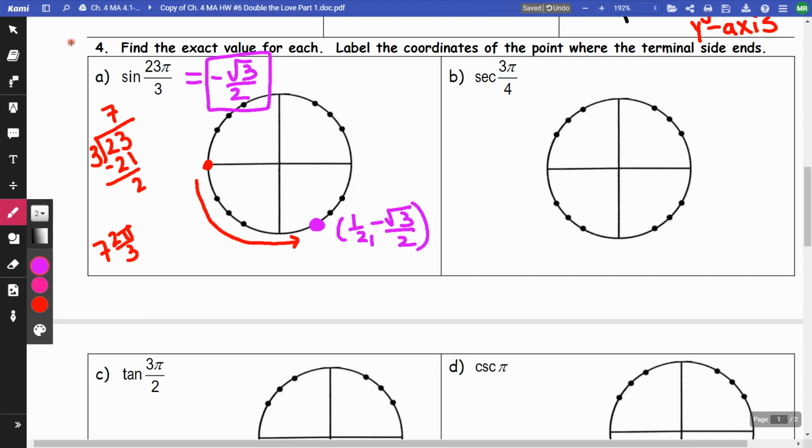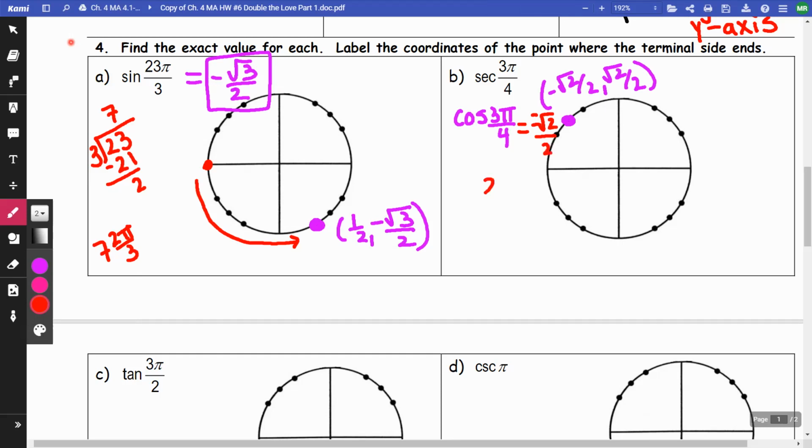B, secant 3 pi fourths. So first off, the reciprocal of secant is cosine. So let's first figure out where the cosine of 3 pi fourths is and what that is. So 3 pi fourths is going to be right here. The coordinates of that are negative root 2 halves, comma, root 2 halves. So I'm going to take my x coordinate, because my cosine is going to be, let me write it here in red, negative root 2 over 2.